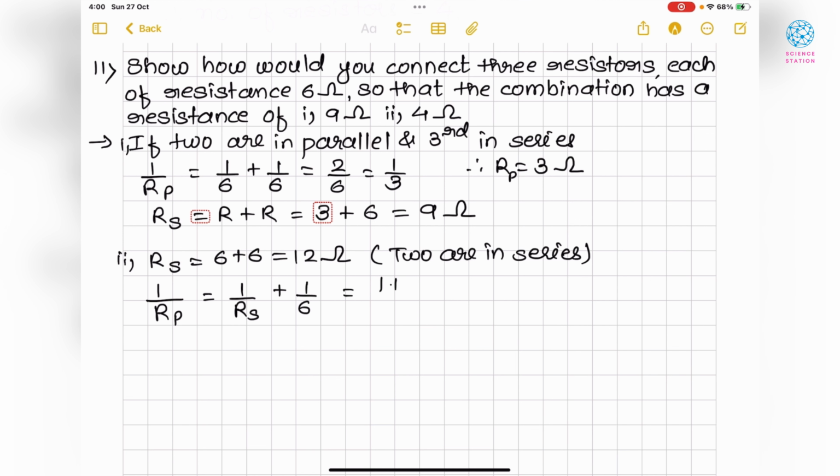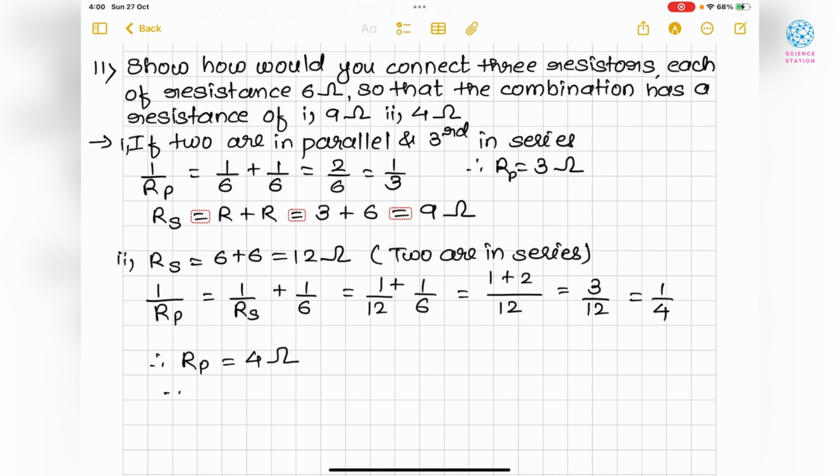So this will be 1 upon 12 plus 1 upon 6. So the LCM will be 12. So 1 plus 2, so 3 by 12. So that will be 1 by 4. So therefore Rp equal to 4 ohms. So therefore 2 are in series and 1 in parallel are connected.